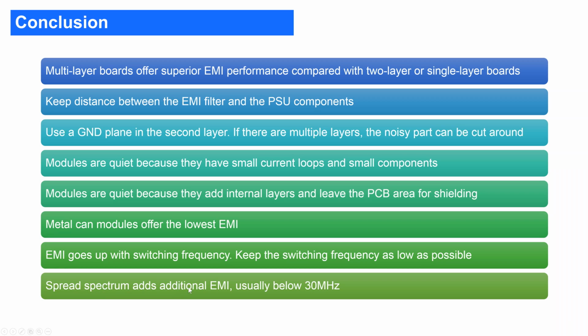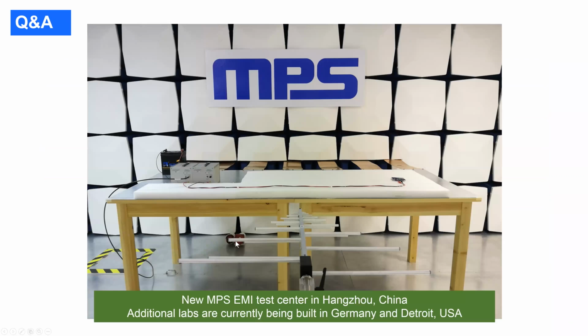Spread spectrum adds additional EMI performance, and the best additional attenuation you get is below 30 megahertz, because there the EMI resolution bandwidth is 9 kilohertz, which gives you better attenuation. MPS puts a lot of effort into optimizing the EMI performance of our demo boards.